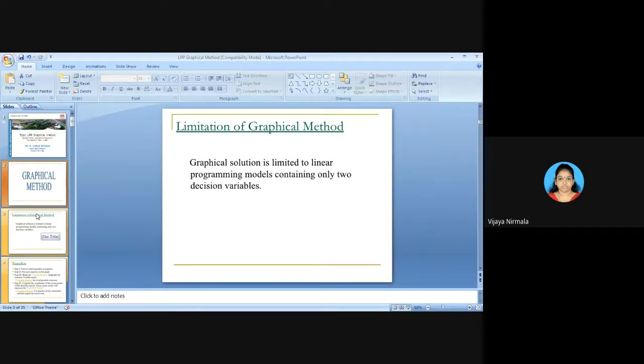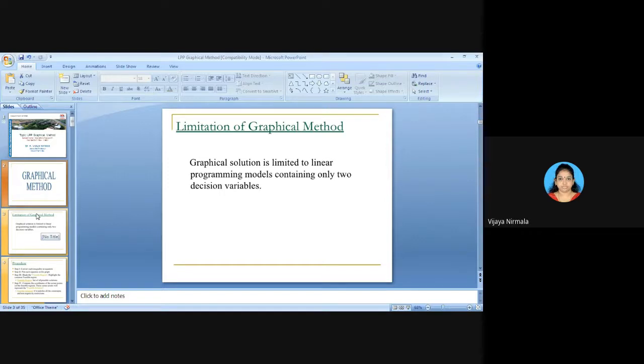How many variables did we take? Only two: x1 is one variable and x2 is another decision variable. If there are more than two decision variables, it is not possible to solve the problem using the graphical method.